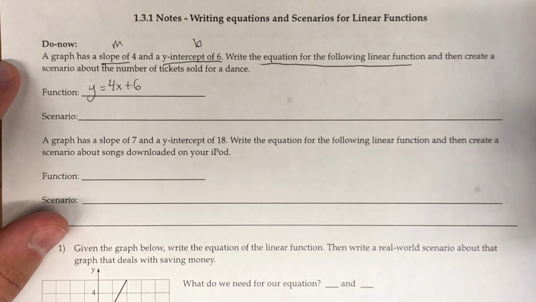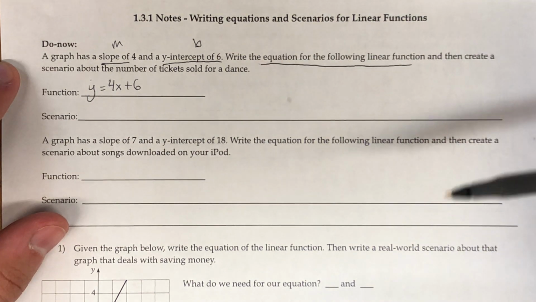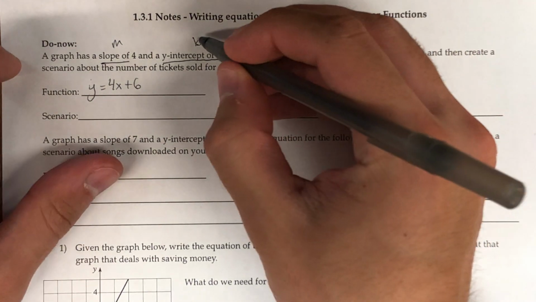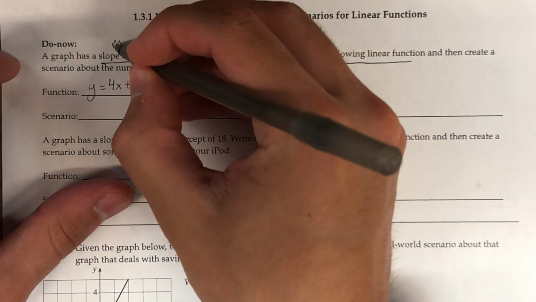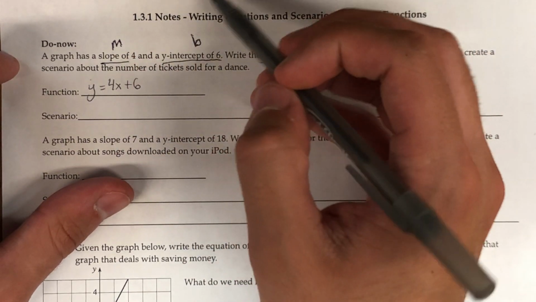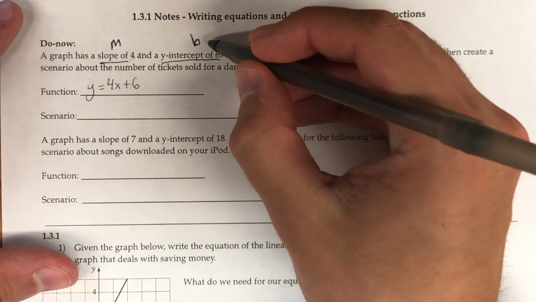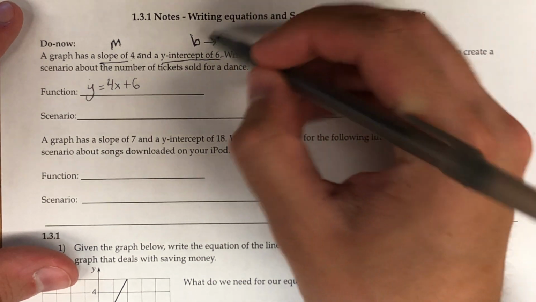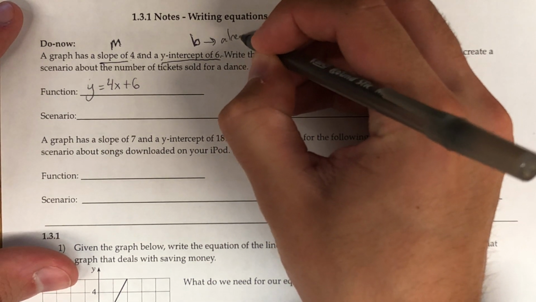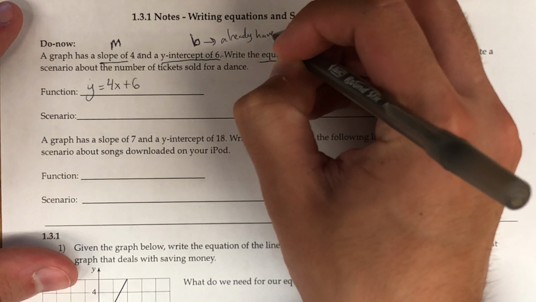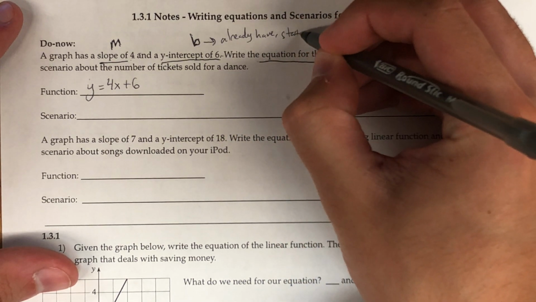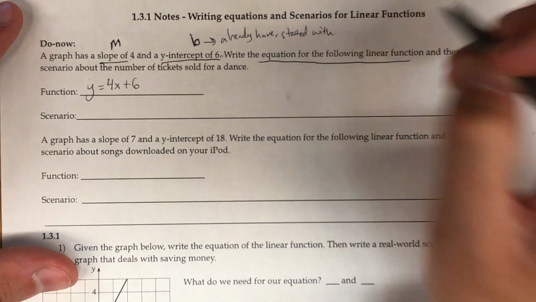Okay. Next it says write a scenario about the number of tickets sold for a dance. So when we're writing a scenario, the key pieces of information we want to use are actually the slope and y-intercept. When you're using things like the y-intercept, you want to use terms or phrases like already have or started with, because that's your starting point.